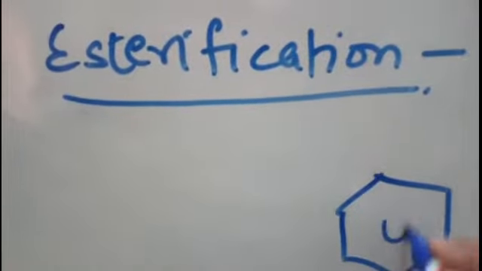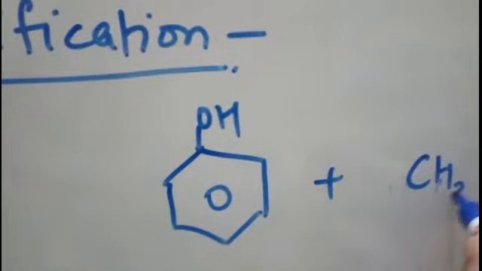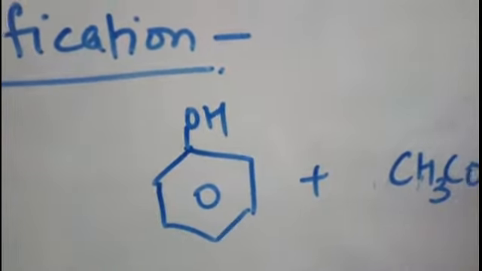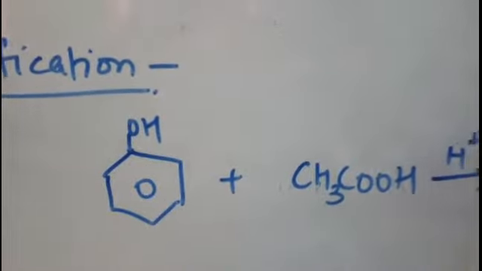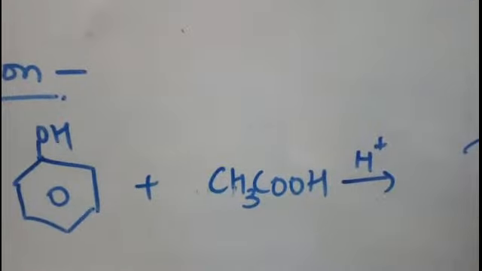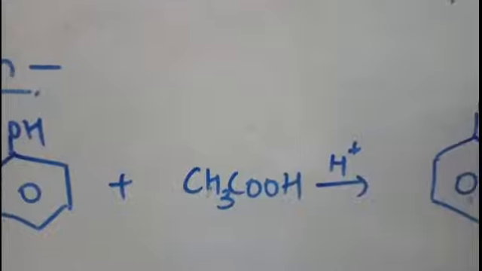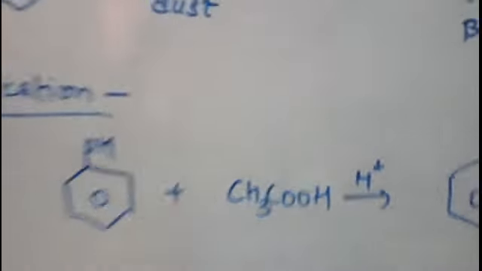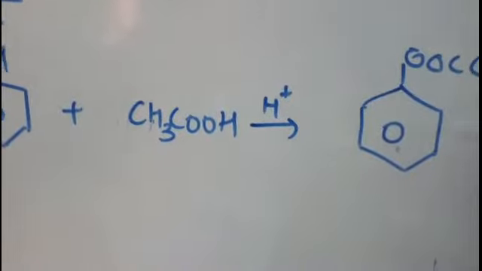When phenol is treated with any carboxylic acid, it may be aliphatic or aromatic, and let me take here aliphatic, ethanoic acid, in the presence of concentrated sulfuric acid, then you know that ester will be formed, OOCCH3. Right, so ester will be formed, phenyl acetate.